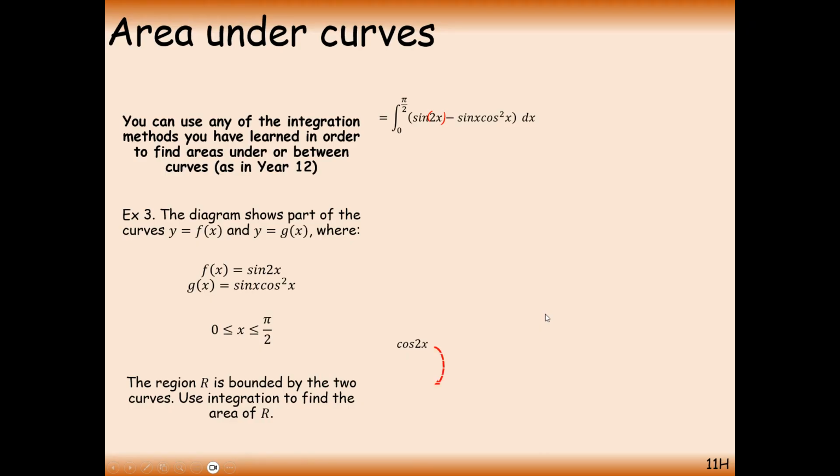Cos of 2x differentiated will give us negative sine of 2x, with a factor of 2 at the front. What's missing in our integral is a factor of minus 2. So we have to divide our answer by a factor of minus 2. When we put cos 2x there, we will have to divide by negative 2. So let's put that there.